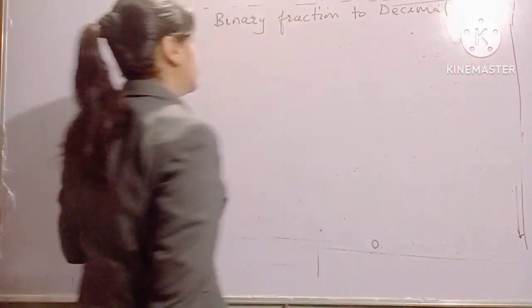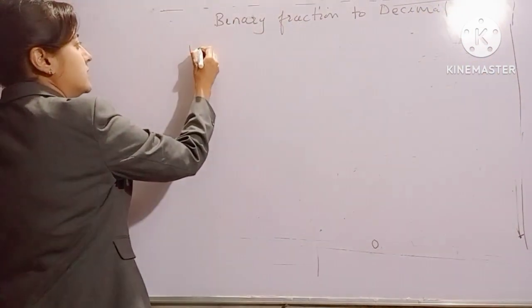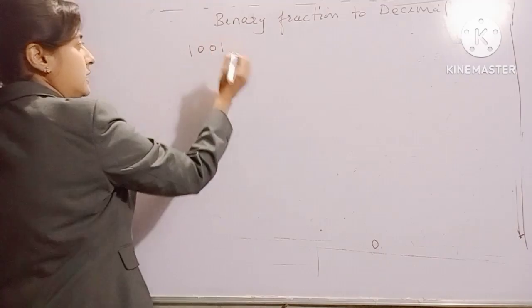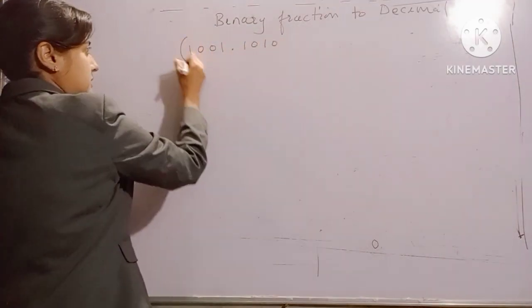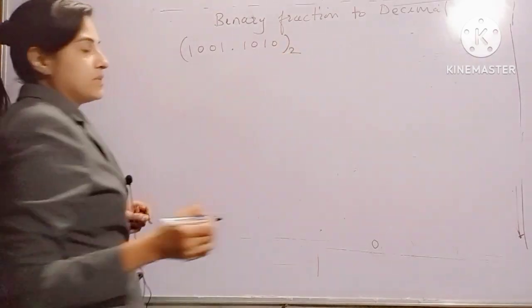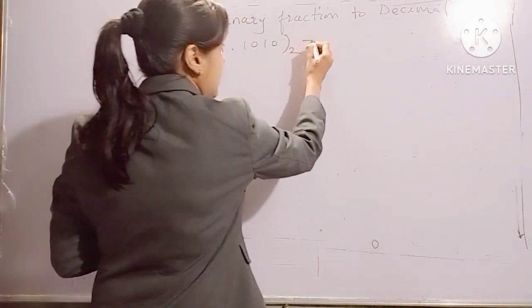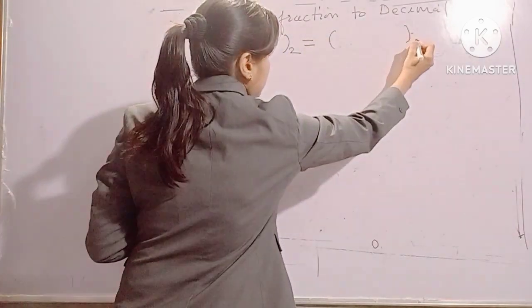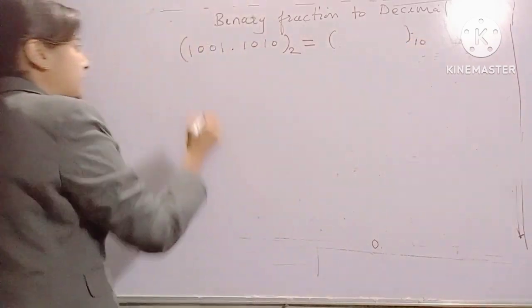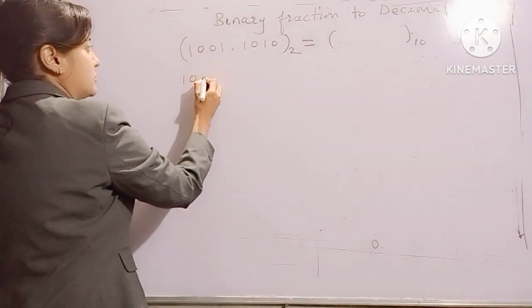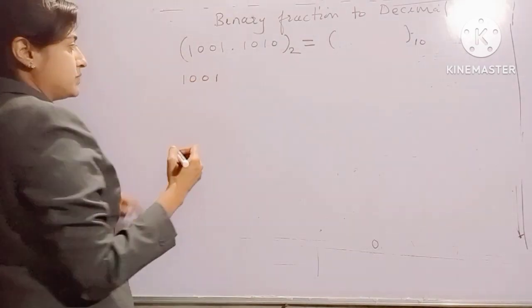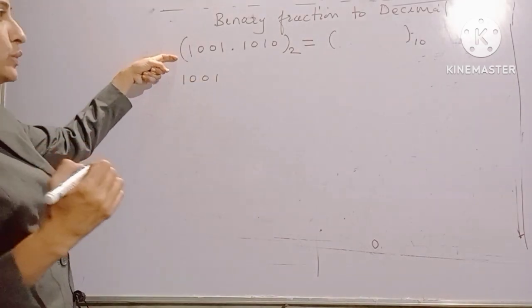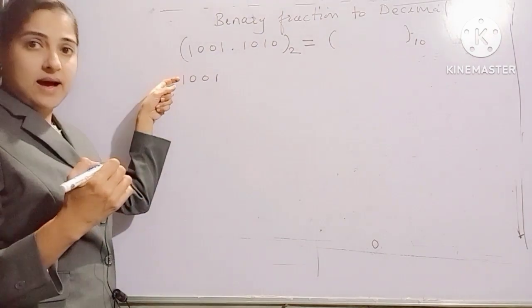Let's take this string, 1001.1010. This is a binary number which we can represent this way. We have to convert this number into decimal equivalent. So 1001, this part we'll convert first. The process of converting this into decimal we have seen in the earlier video.